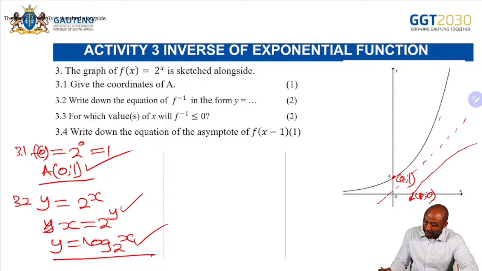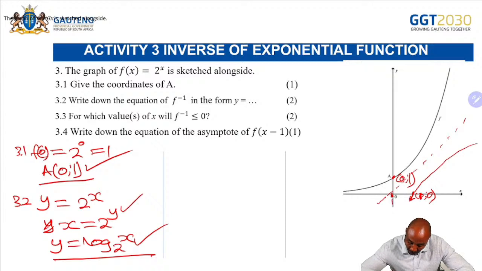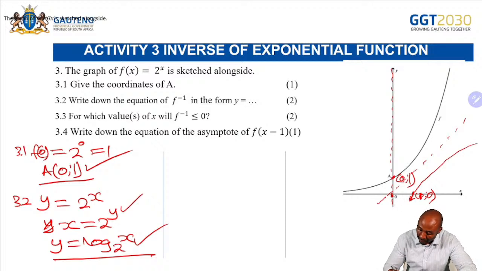So it means, where is the inverse function below? It is between 0 and 1, because remember, our y-axis becomes an asymptote. Our graph is not defined there, hence our x values will be between 0 and 1.